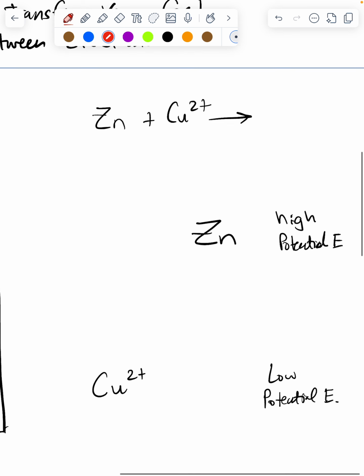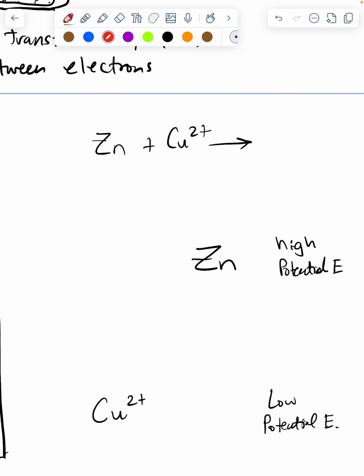So an example, this isn't really what's inside of a typical battery, but it is a similar kind of reaction that could work inside of a battery. So if you take the element zinc and you mix it with copper ions, copper 2+ ions, a reaction will occur. It happens instantly, and you see electrons.